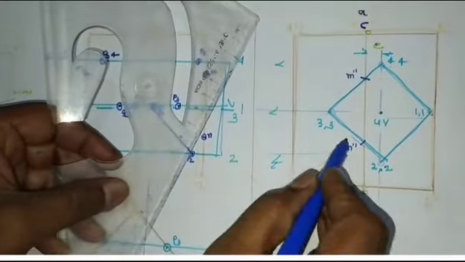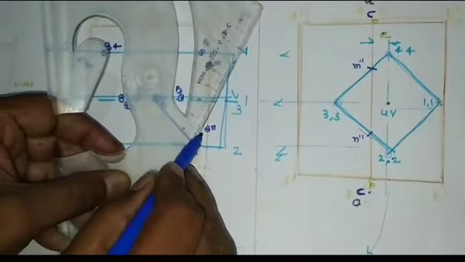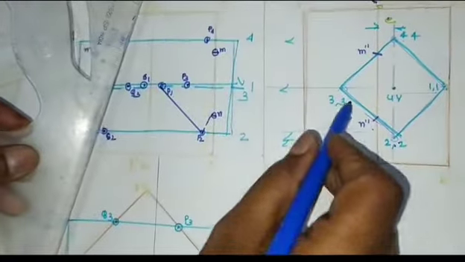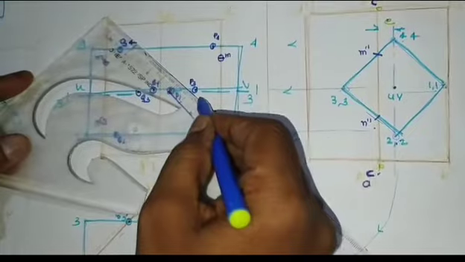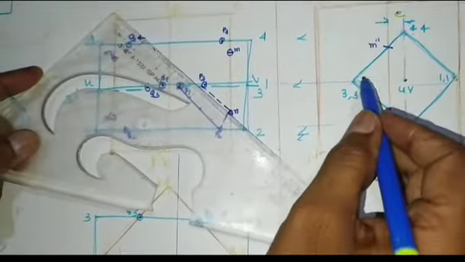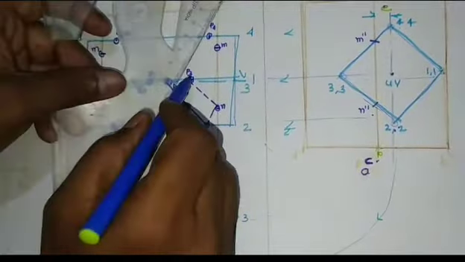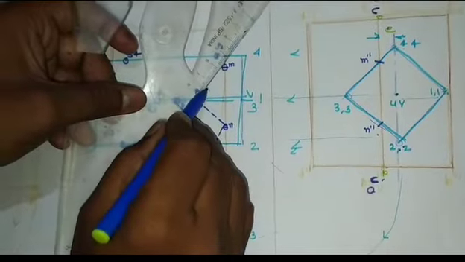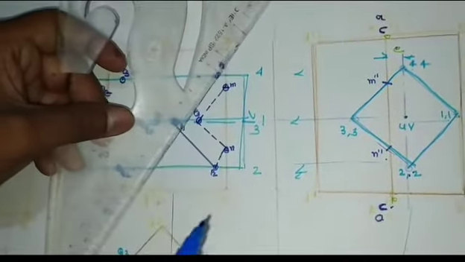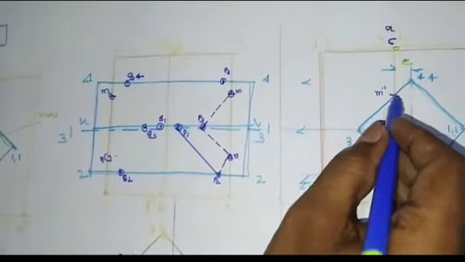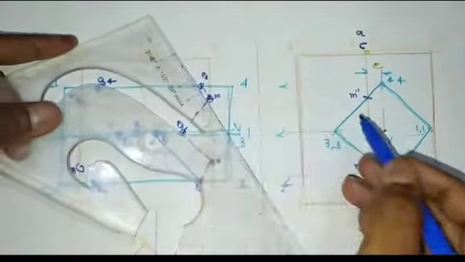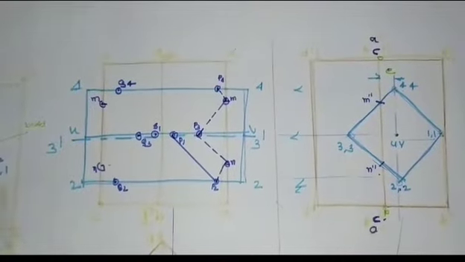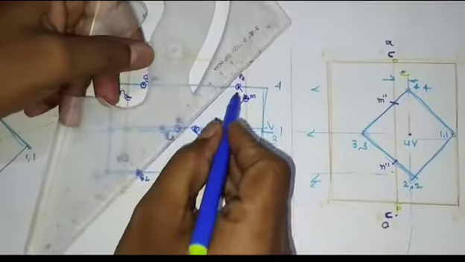After 2 it is N. This is the dotted N. After N, 3, that is also dotted backside. After 3, M, backside. After M, 4, that is also dotted, and after 4, 1. 4 and 1 will be dark.